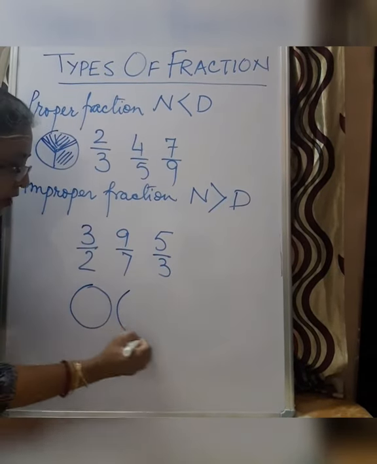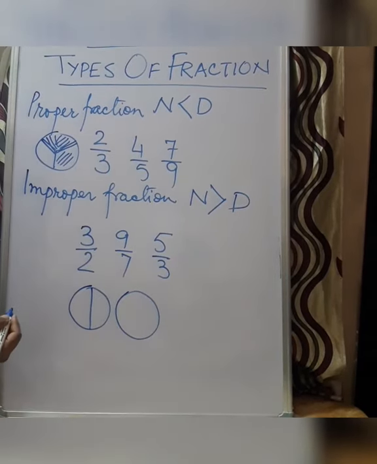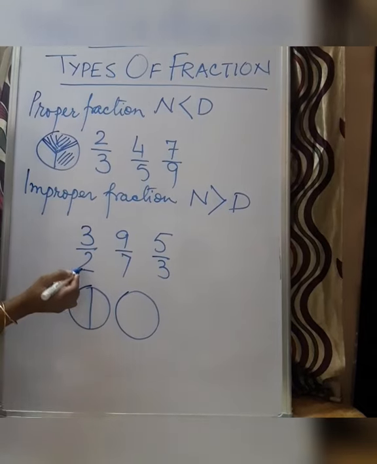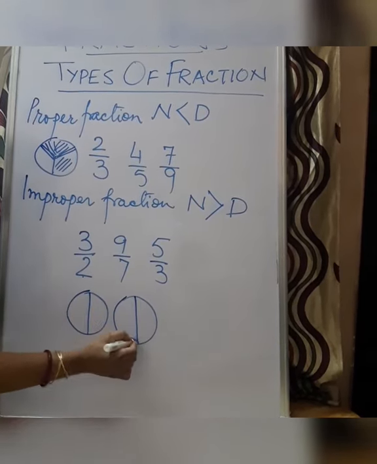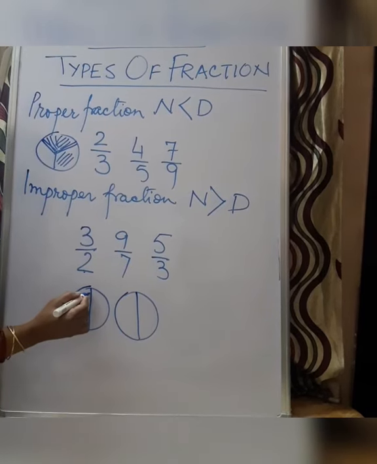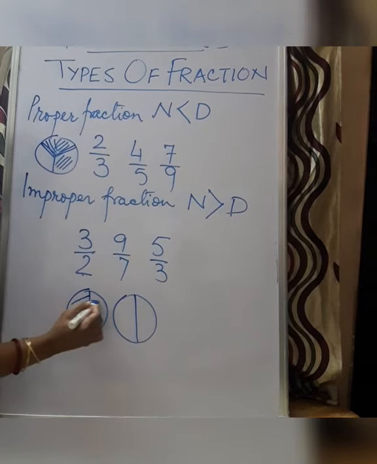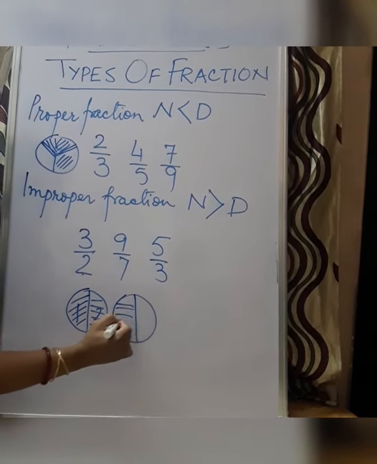So for example, if we have 2 apples and they are divided into 2 parts. I said denominator shows the total number of parts. So both these apples are divided into 2 parts, and then I take this one part, the second part, and also the third part.